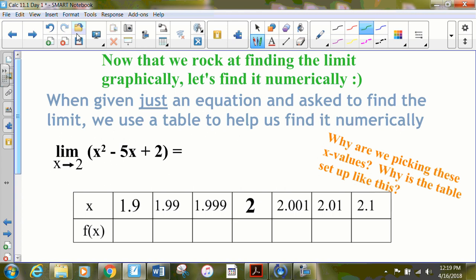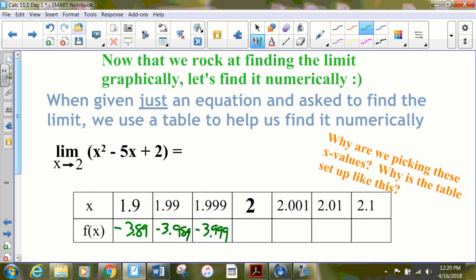So you're plugging 1.9 in every time you see x. You're going to get negative 3.89. I'm going to do the same thing, plugging 1.99 into this function. You're going to get negative 3.989. And plugging 1.999 in, you're going to get negative 3.99.